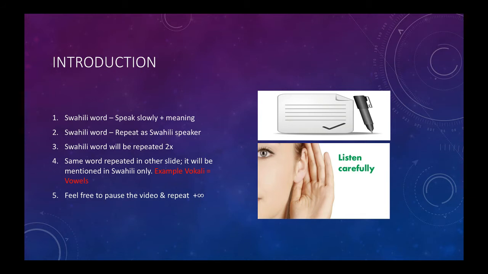After that, the word will only be pronounced in Swahili. For example, vo-ka-li equals vowels, vocali. So you will see it's in red, and from now on I'll just mention the vocali and you see equal to vowels.